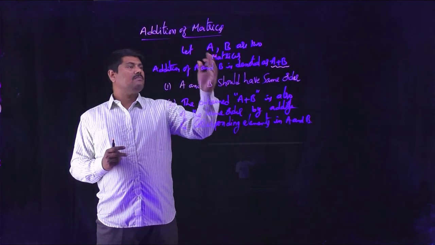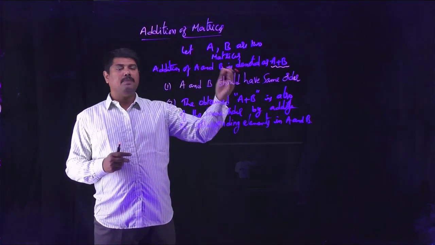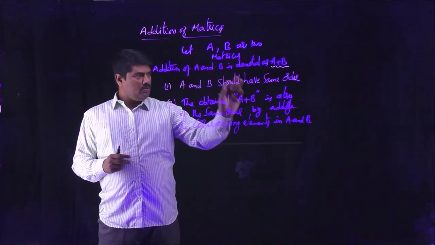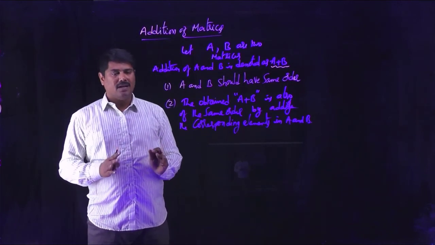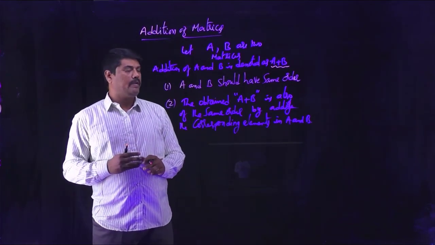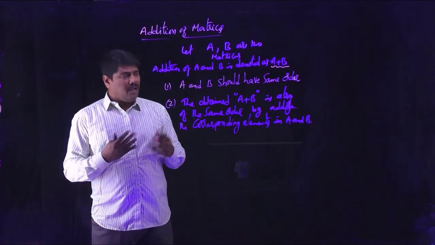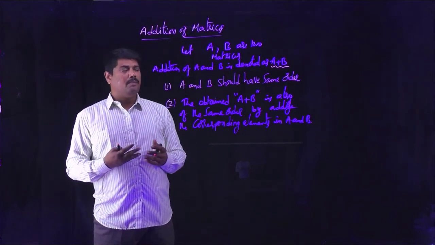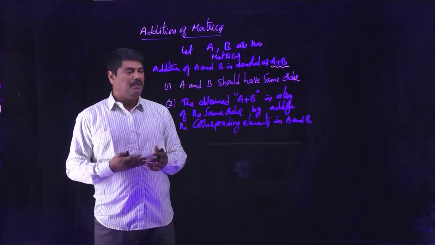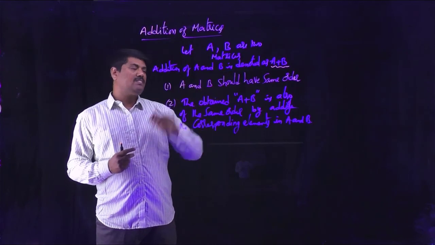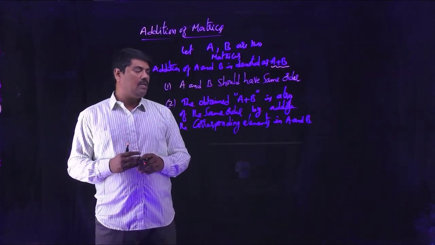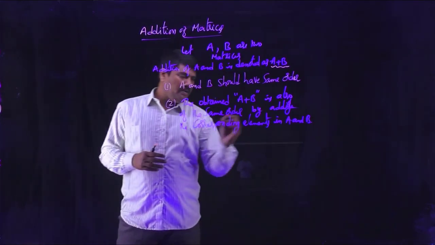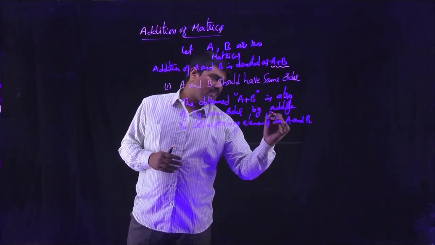First one is A, second matrix is B. Both should have the same order, then only you can add two matrices. That is the first major point. And remember, whichever matrix we obtain by addition also has the same order. And we mentioned how the addition is done.